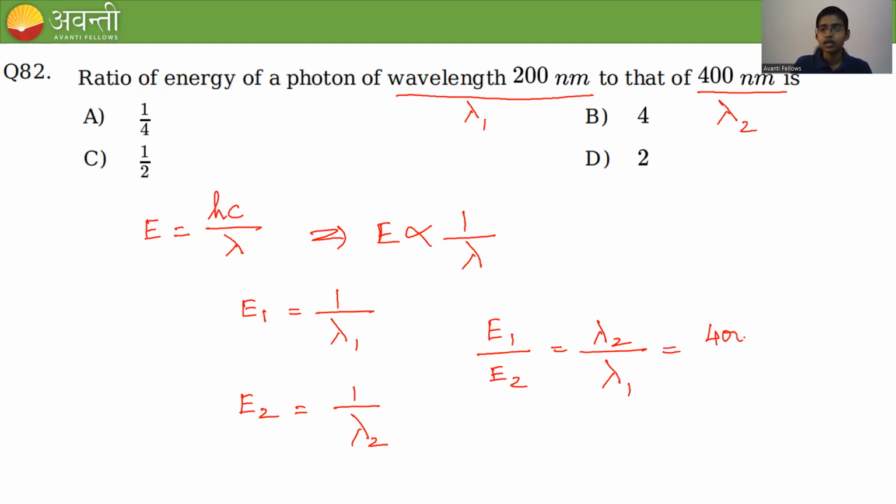So 400 nanometer divided by 200 nanometer gives the answer 2. So option D is the correct answer. This is the ratio of the energy of a photon of both the waves. Got it?